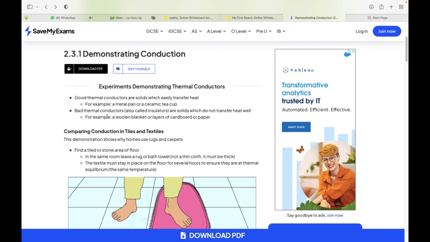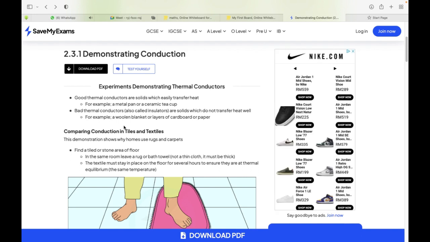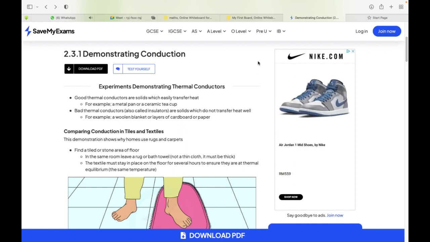So these materials are called bad thermal conductors, or poor conductors, or insulators. For example, a woolly blanket is an insulator or a bad thermal conductor, and also layers of cardboard or paper.